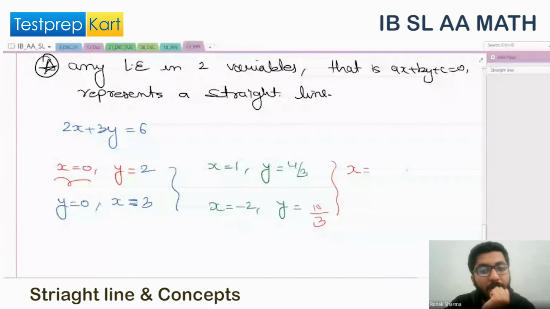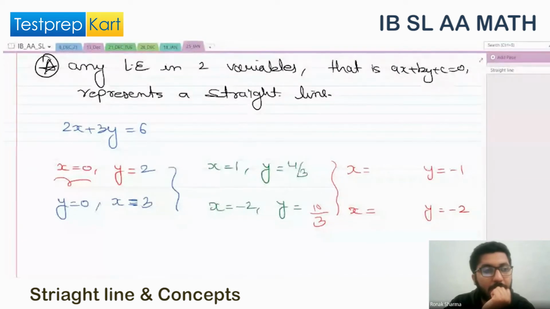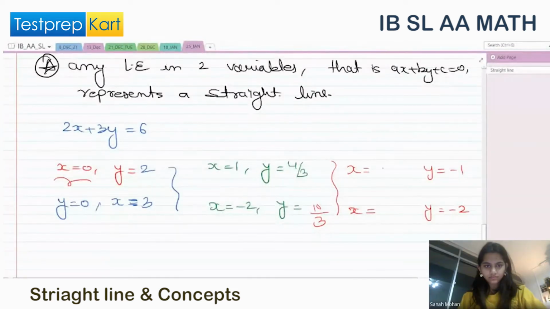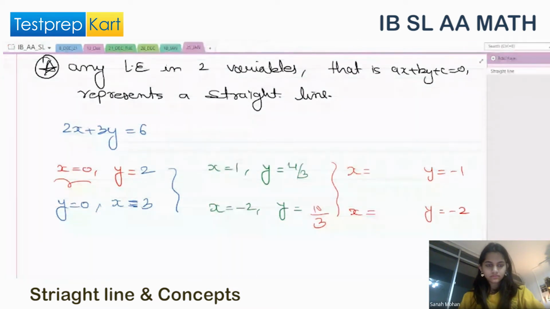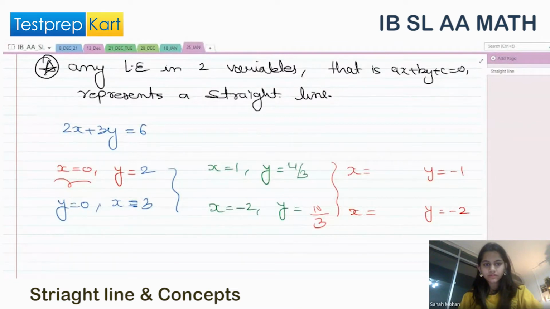Good. What if y is minus 1, what will be x? And what if y equals minus 2, then what will be x? 9 over 2.